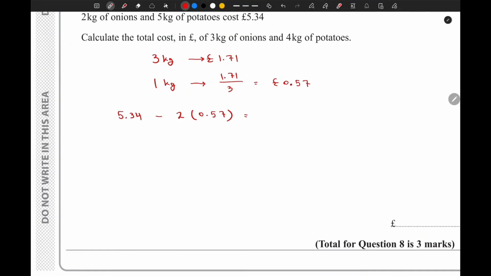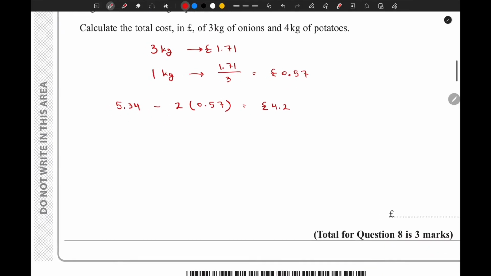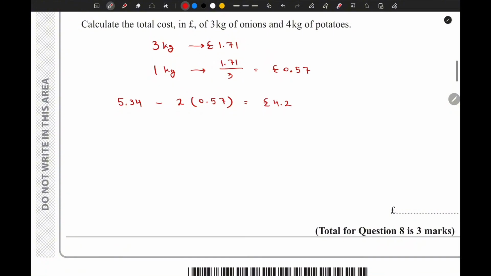So this would be equal to 4.2 pounds. This is the cost of 5 kilograms of potatoes. So if I divide it by 5, I will get the value of 1 kilogram of potatoes, which is 0.84 pounds.